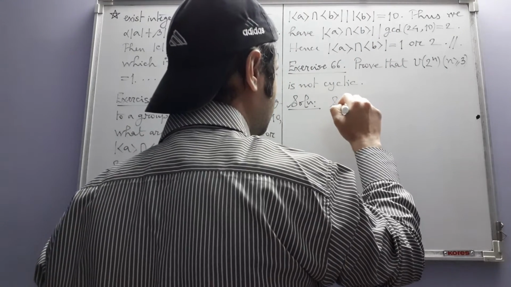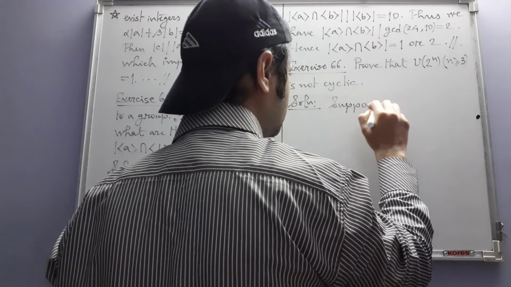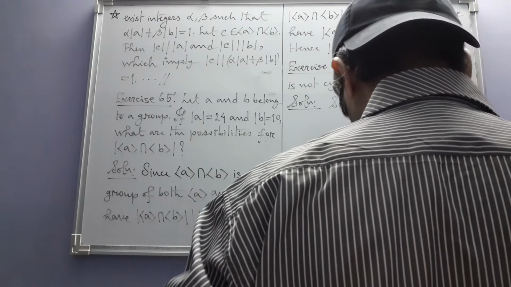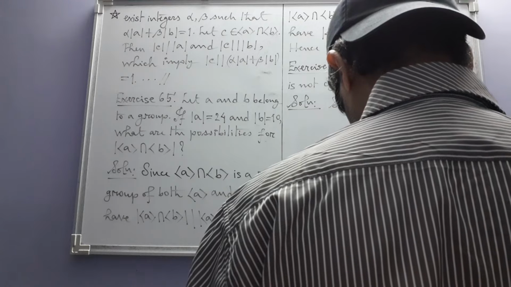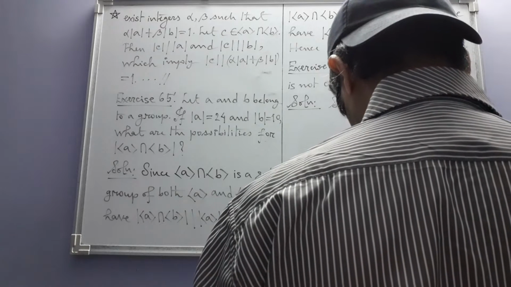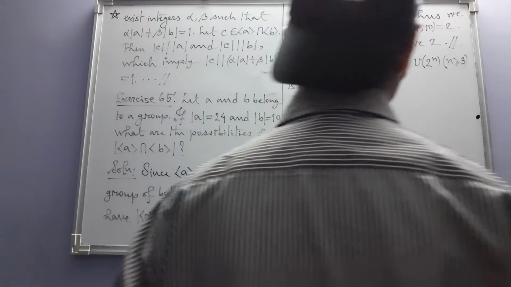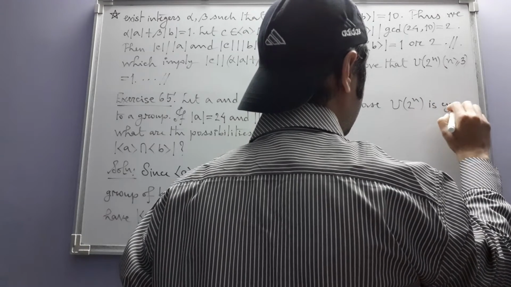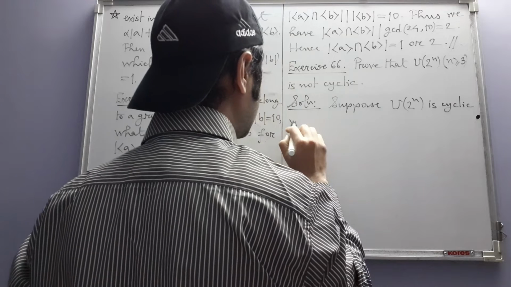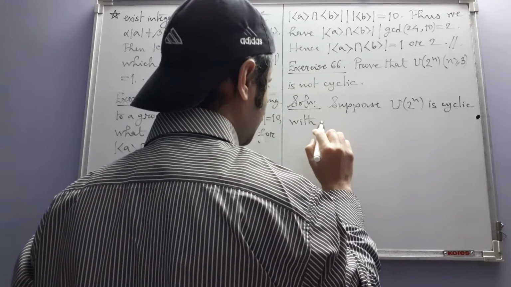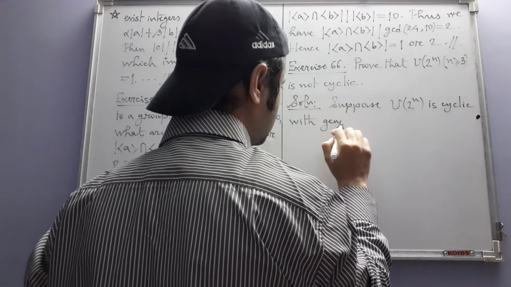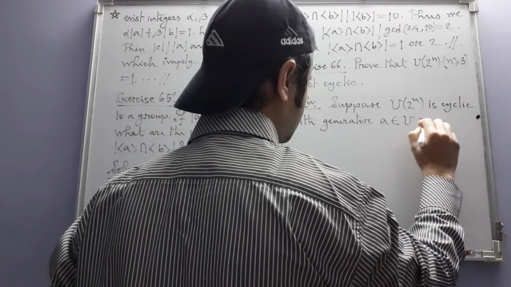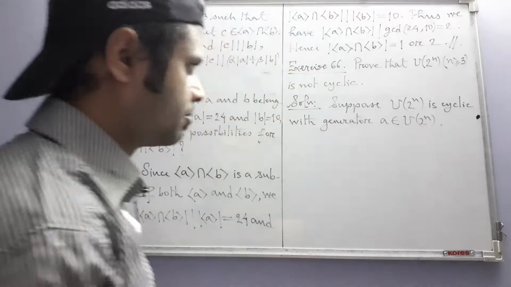Suppose this is cyclic with some generator A. Cyclic means there will be some generator in the group which will generate the whole group.